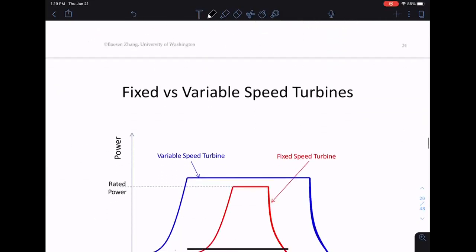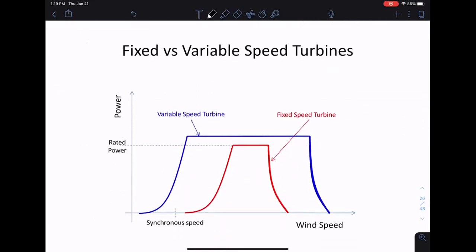Nowadays, most of the turbines we have are variable speed ones, just because you can capture so much more power. Especially remember wind is probabilistic, so it's virtually impossible to guarantee wind speed within this narrow band. The wider your operating curve is, the more power you generate.